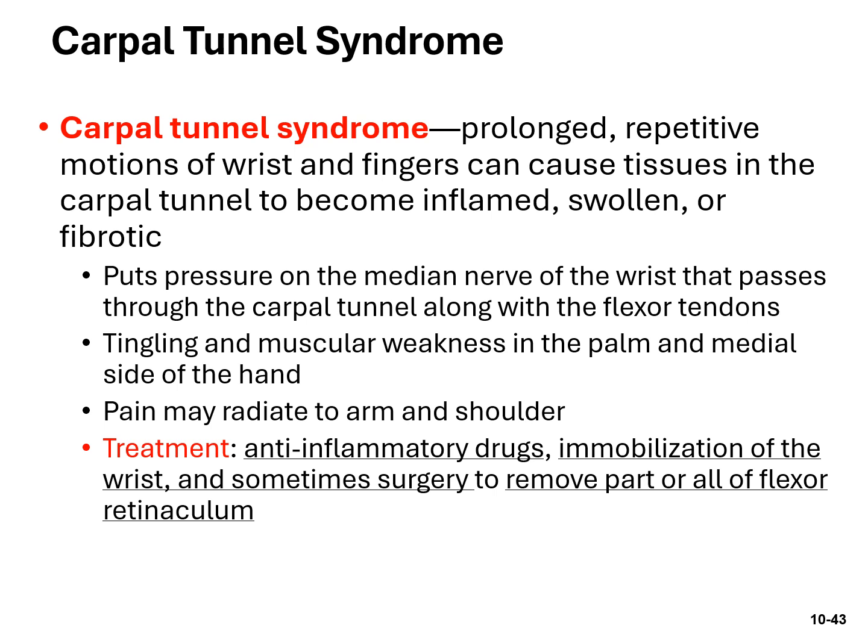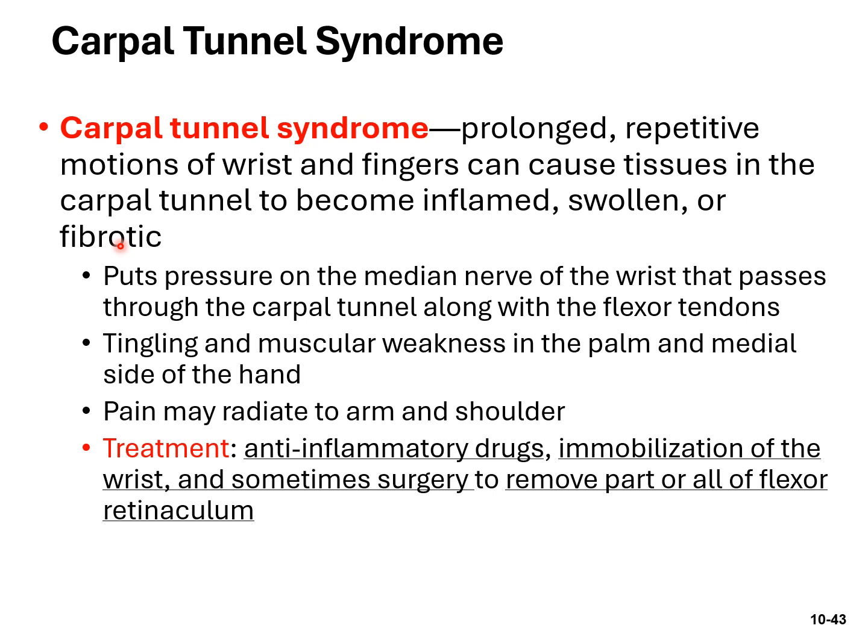But if you're doing prolonged repetitive motions of the wrist and fingers, and then you put pressure on top of them, where you're resting your wrist onto a hard desk or the corner of a wooden desk or something like that, that will cause the flexor retinaculum and those tendons to become inflamed, swollen, and fibrotic. Scar tissue will start to form on them.